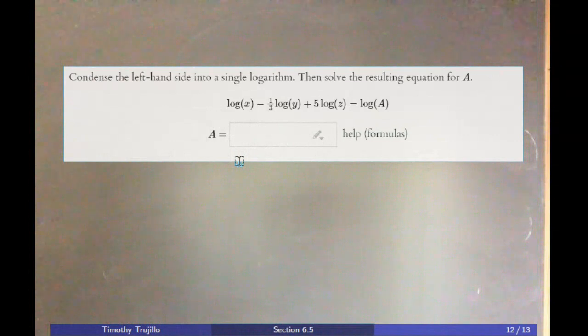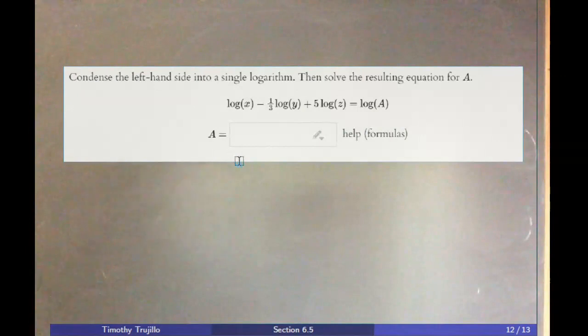And we would like to solve for a. And the way that you'll solve for a in an equation like this is to first condense the left-hand side. So you want to write the left-hand side as a single logarithm, and then once you have a log on both sides of the equation, you can get rid of them.